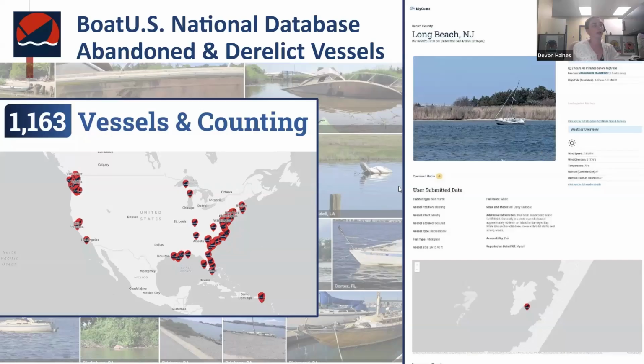Very similar data. And then when you're submitting your report, you can put in as much information as you can about the vessel that you're reporting on. If you don't have the answers, like you may not know what material the boat is made out of, you don't have to answer it, but you do have the ability to if you're able to.